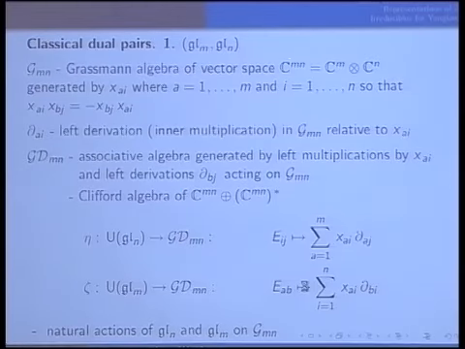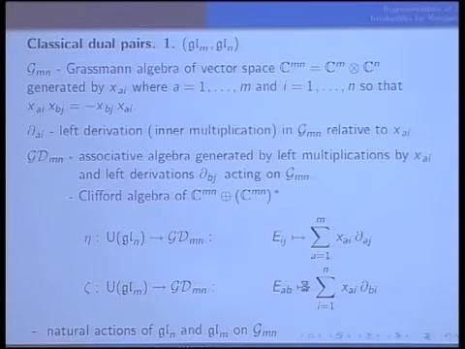I choose the vector space with the tensor product of two vector spaces, C^M tensor C^N, and consider the Grassmann algebra generated by x_ai. The first index a corresponds to C^M, the second index i corresponds to C^N.